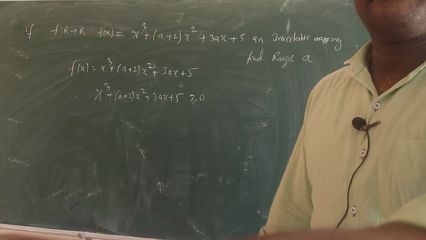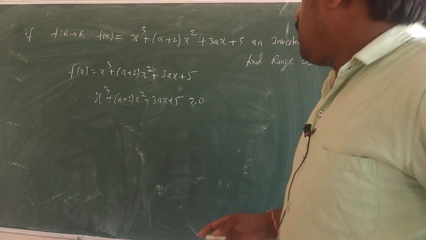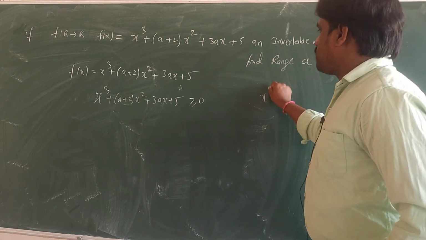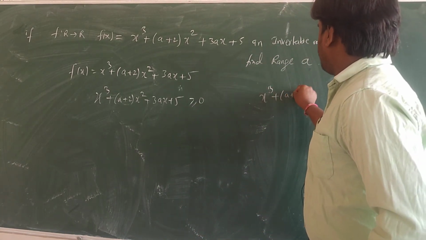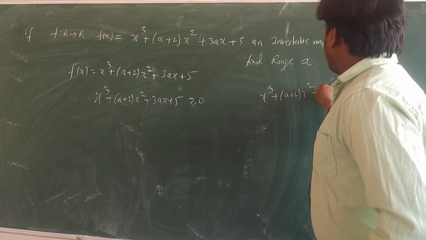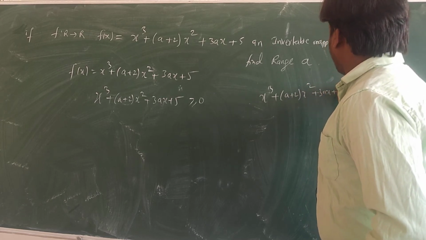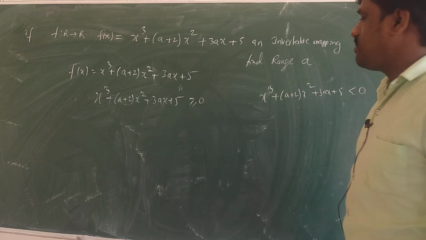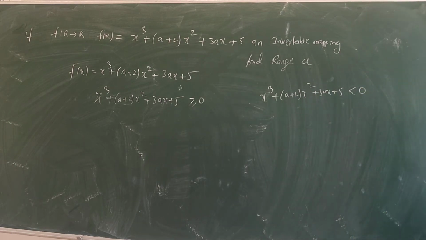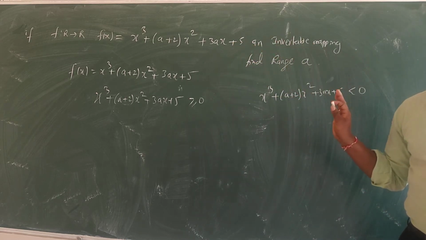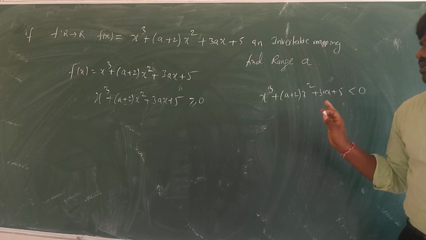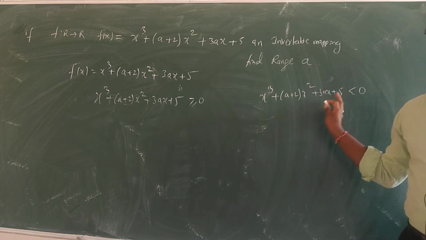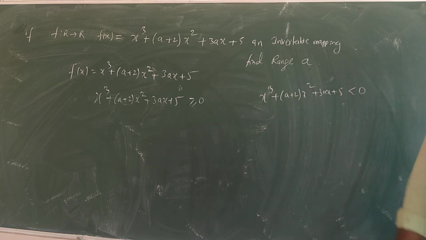Can I say x cube plus a plus 2 into x square plus 3ax plus 5 less than 0? Can I take it? Now, it is R to R, right? It is real to real. I am taking greater than or equal to 0, less than 0. Can I take it or not?